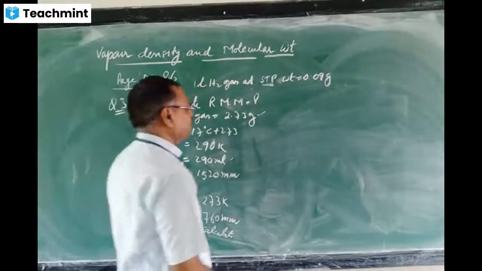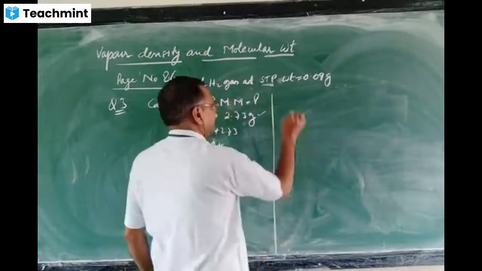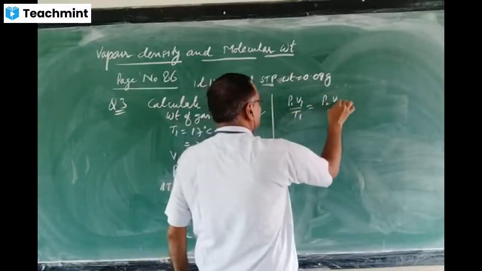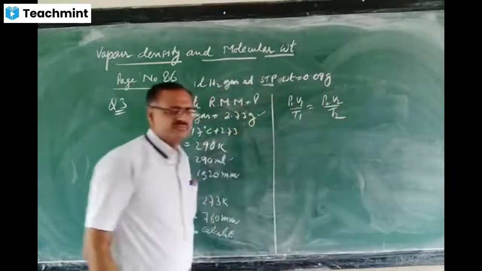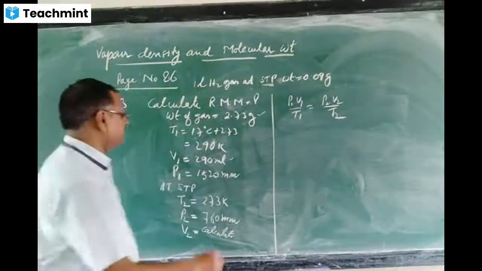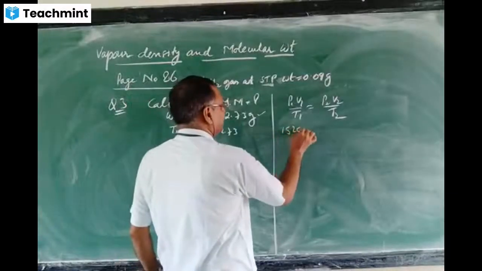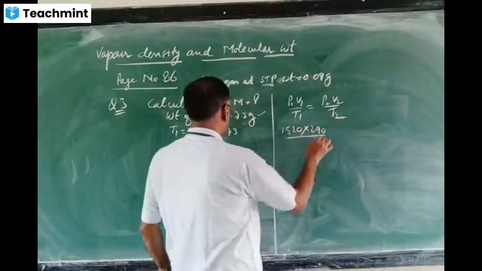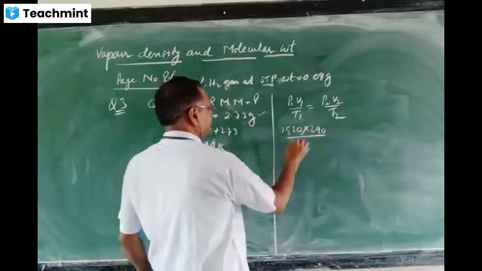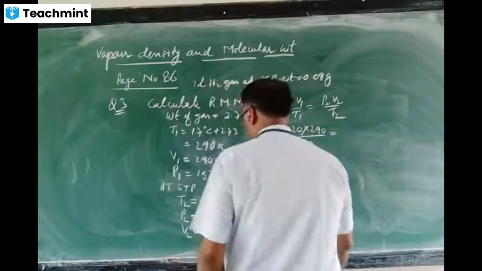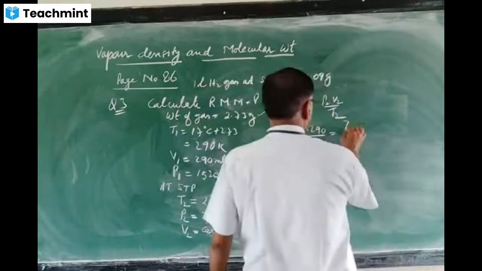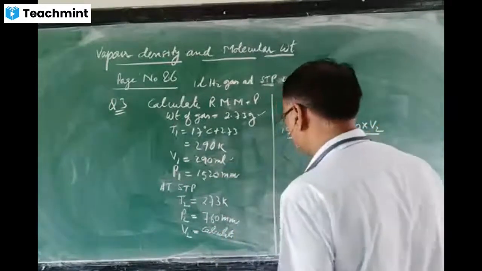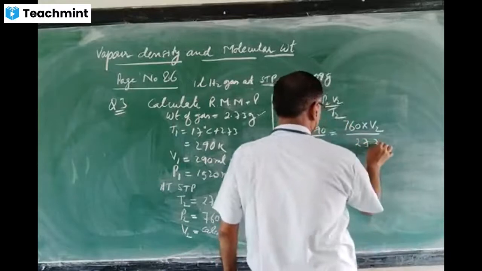Now you can apply the gas equation, P1 V1 upon T1 is equal to P2 V2 upon T2. Now you can put the values. P1 is 1520, V1 is 290, and T1 is again 290. Then P2 is 760, V2, and T2 is 273.